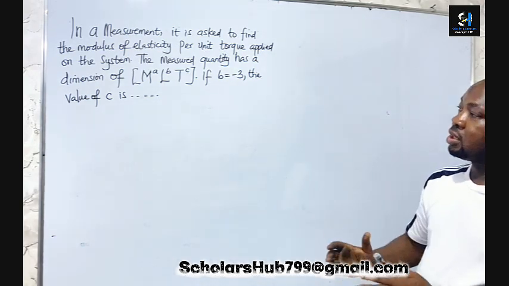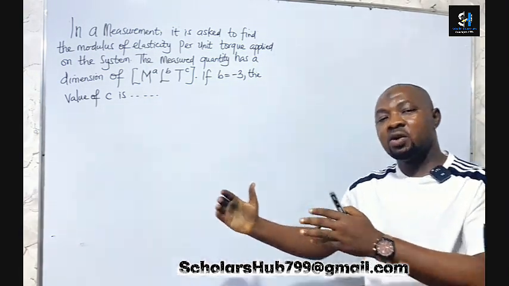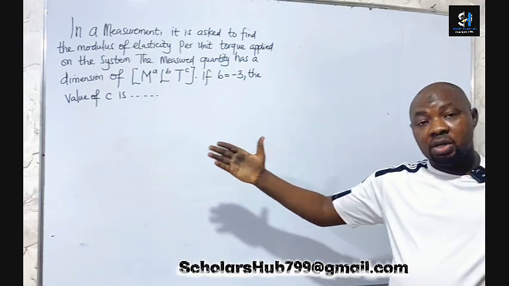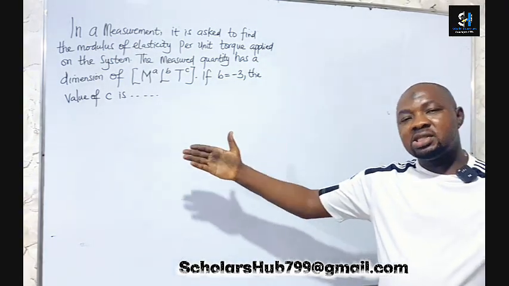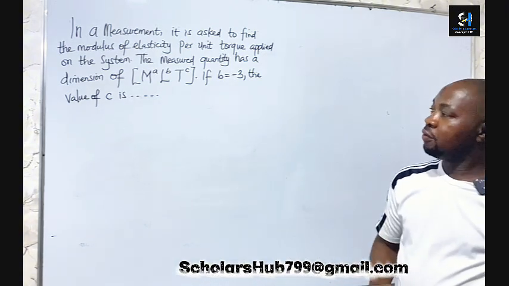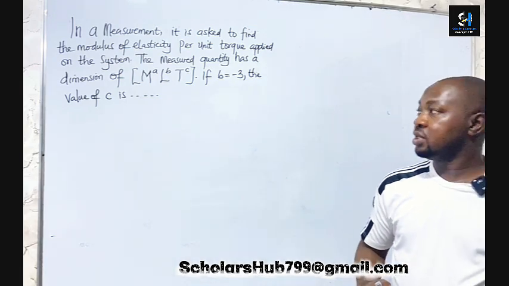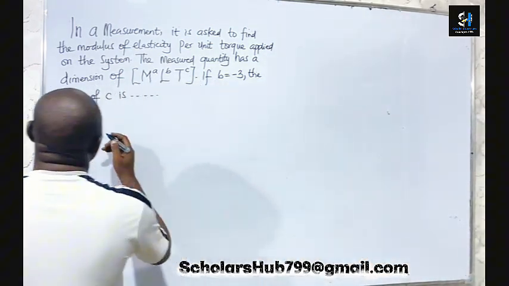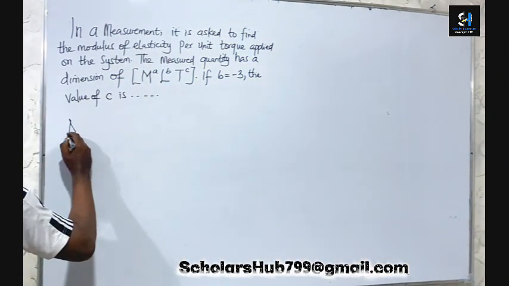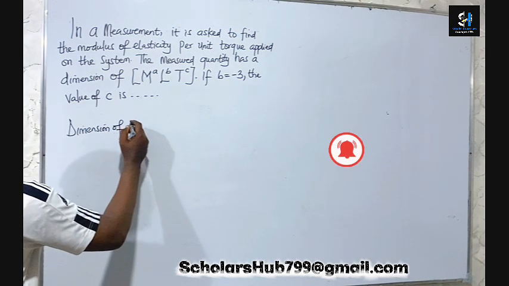So the dimensions of the quantities on the right side of the dimensional equation must be the same as those on the left side, and that's what we call the principle of homogeneity.